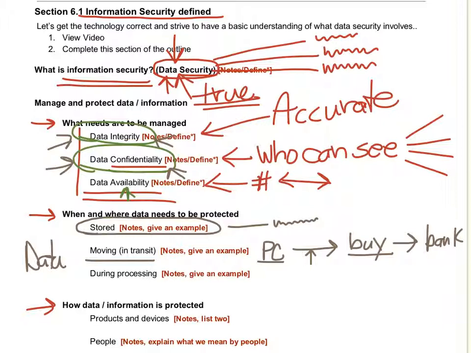One a lot of people don't understand is during processing, the data is in memory of the computer, or it's moving through the computer, it's getting processed. A good example of that, let's just think about this one, is I believe Shopko had the issue a couple years ago. It was debit cards.